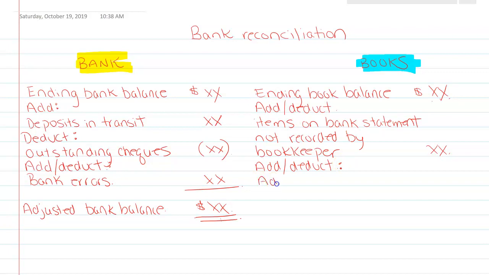So again, I'll just say add deduct bookkeeper errors. So then once you add all of those up, then I'm going to have my adjusted book balance.